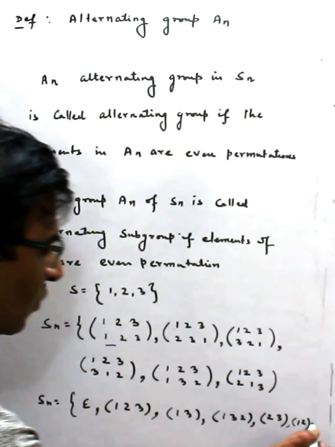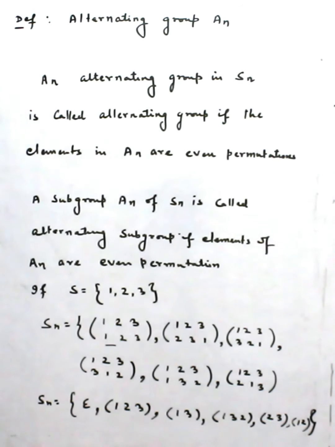So these are the permutations in terms of cycles.